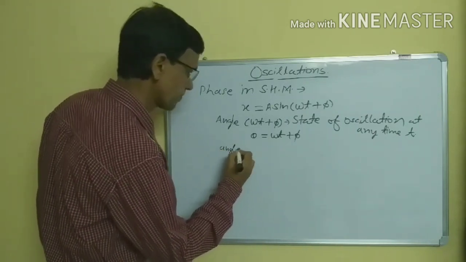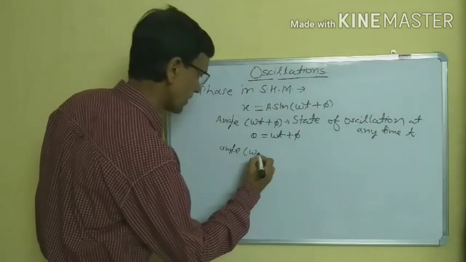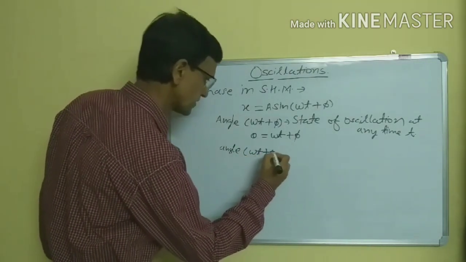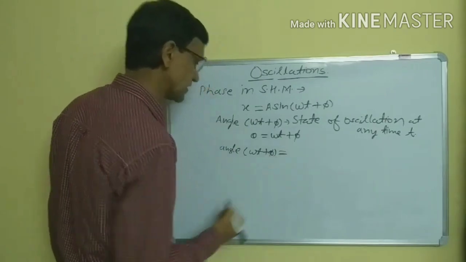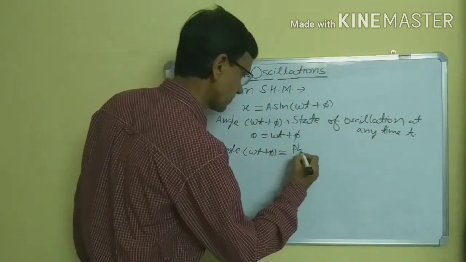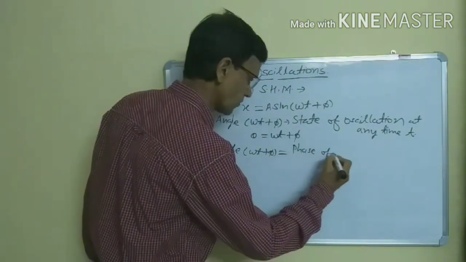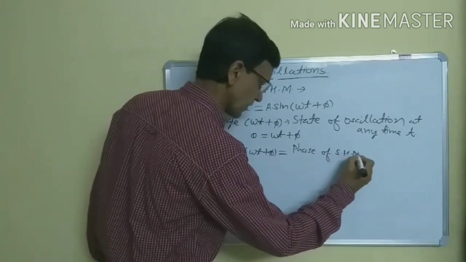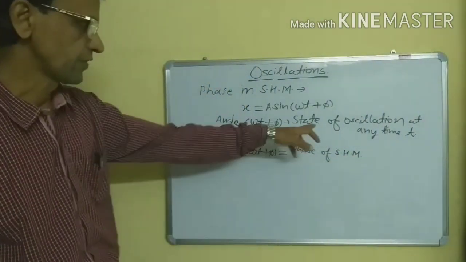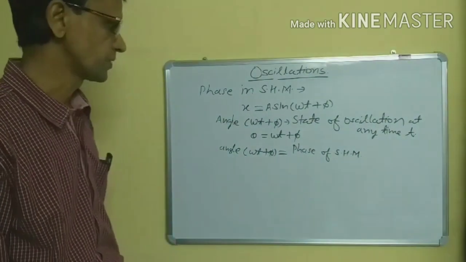The angle omega t plus phi, which we have denoted as theta, represents the phase of SHM. We have defined it as the state of oscillation of the particle.